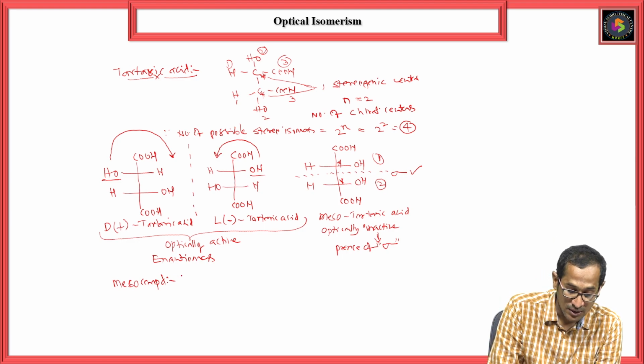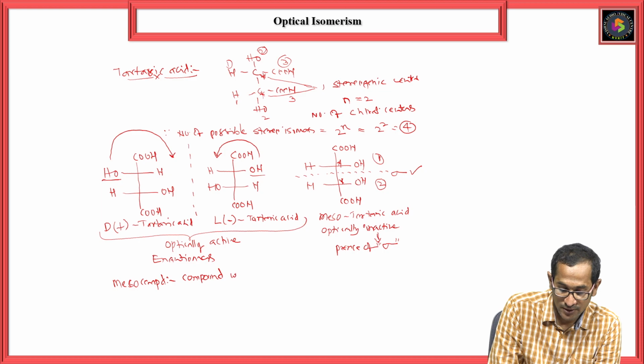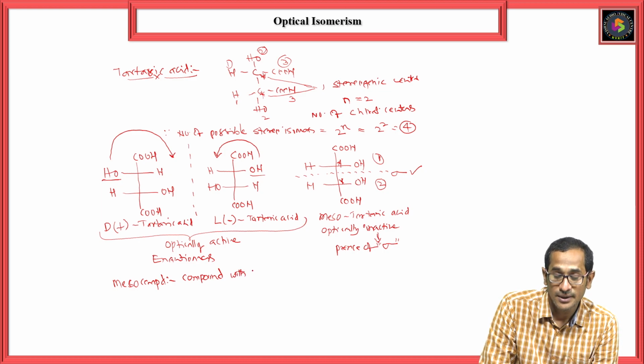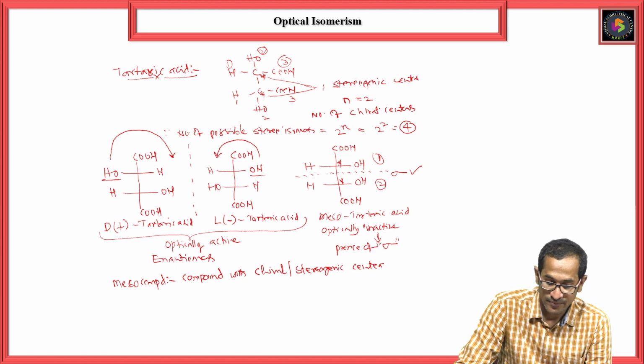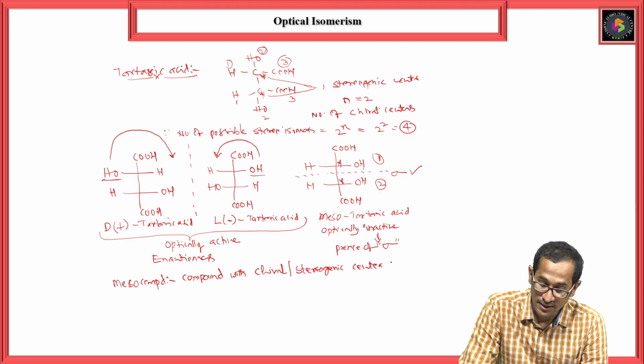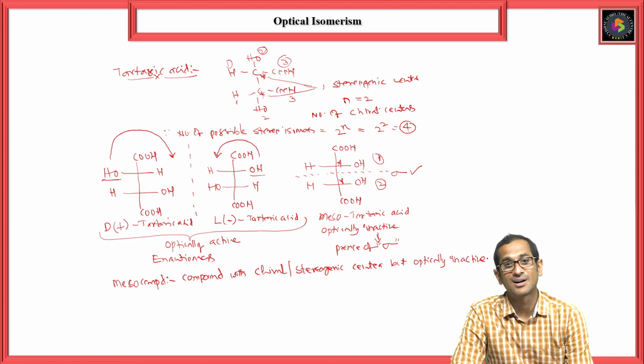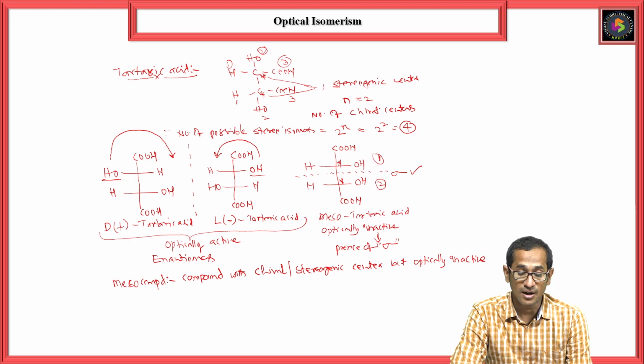A meso compound is a compound with a chiral or stereogenic center, but optically inactive. Such types of compounds are called meso compounds.